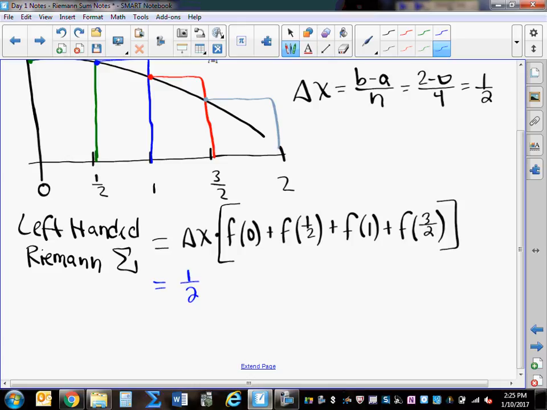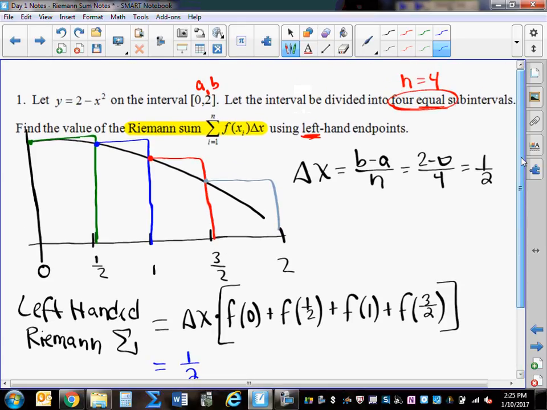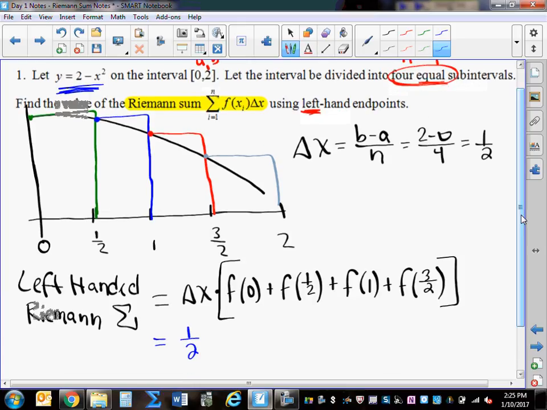Okay, now we can actually find f of 0. They gave us that function was 2 minus x squared. Okay, now again, for response, you don't have to simplify it completely. So you could go ahead and leave it as 2 minus 0 squared. And I trust that you can handle that 0 squared is 0 and 2 minus 0 is 2. Alright.